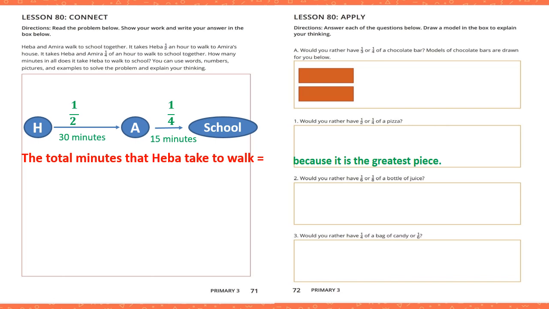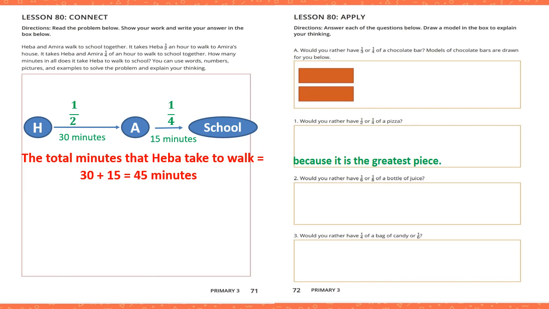Now we want to know the total minutes that Hiba takes to walk to school. So we add 30 plus 15 equals 45. From Hiba's home to the school, all of it equals 45 minutes.